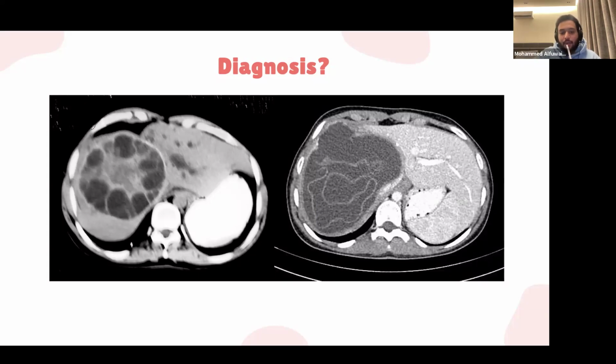It's basically one large cyst with many daughter cysts, and you might see septations. How do you manage it? You can give a drug, which is metronidazole. However, usually you remove it.